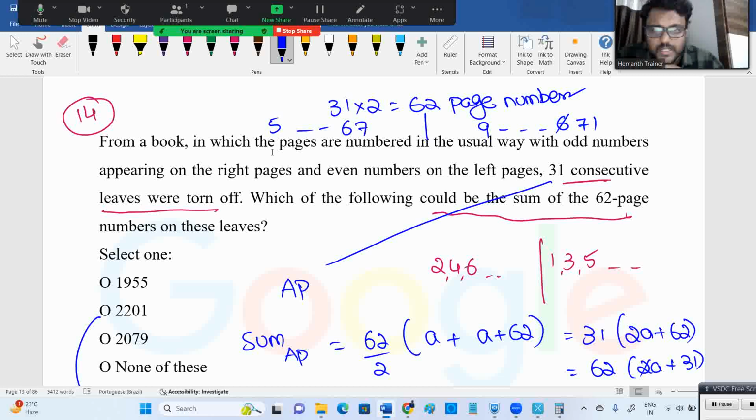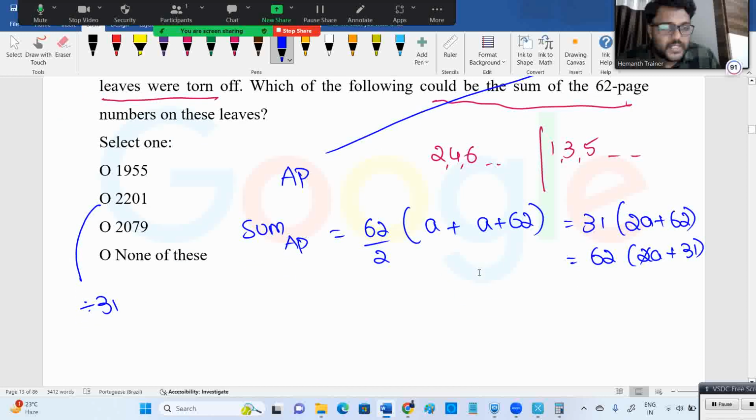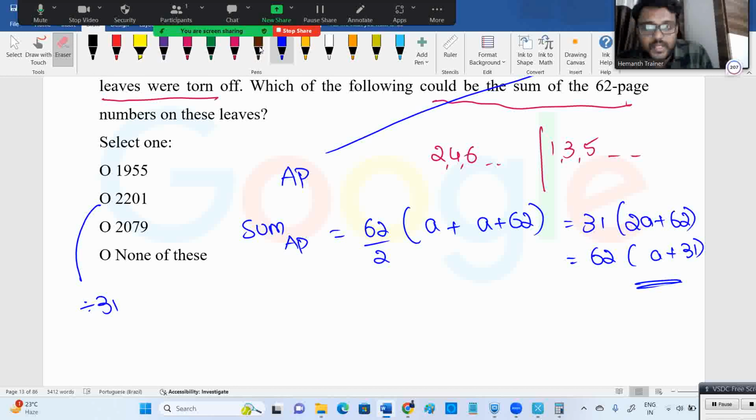They're asking what is the sum of those 62 page numbers on these leaves. What is the first page number among those leaves we have to know. We don't know that, so we are just going with A as an integer value. So we need to see which option is going to satisfy this format, dividing by 62 and giving a remainder A plus 31, and A should be an odd number. A must be an odd number.